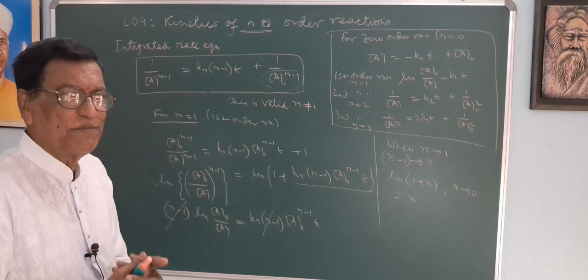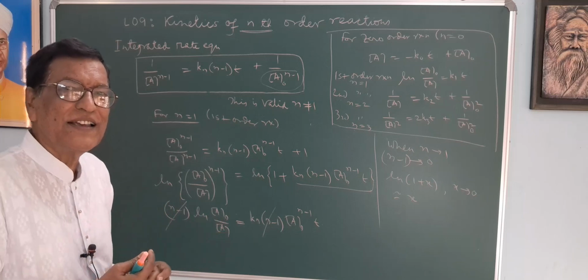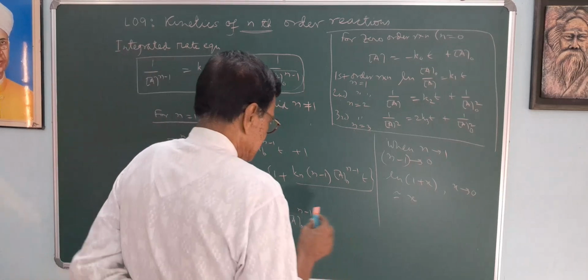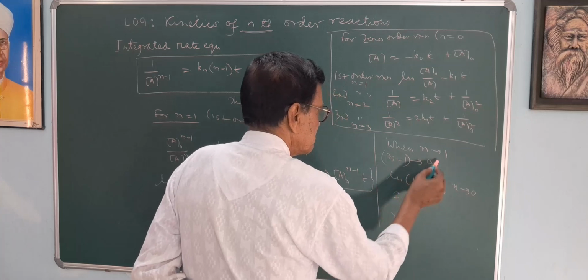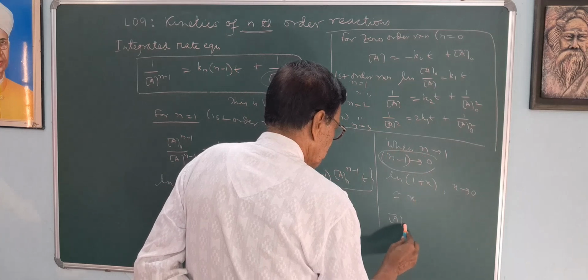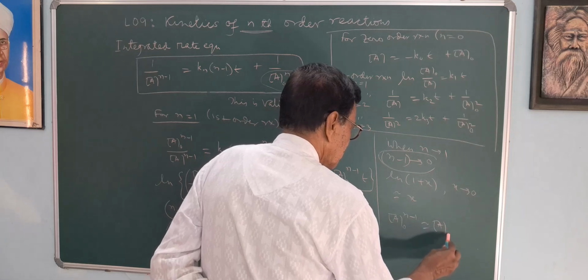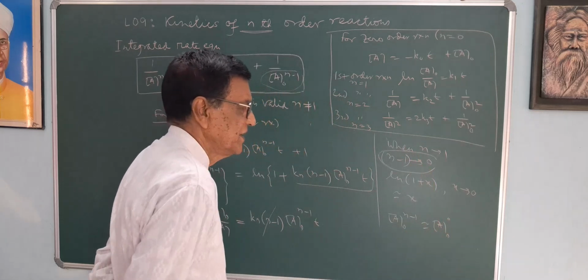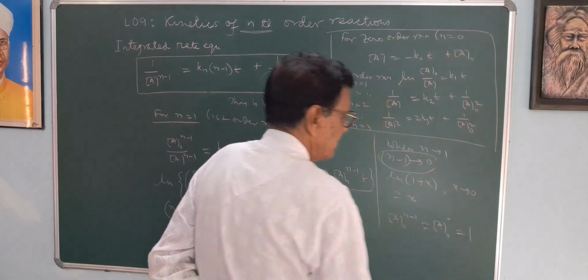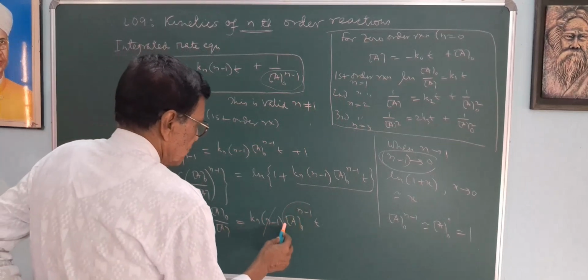So this is the problem which is coming up by putting n equal to 1. This has been worked. And now again, as n minus 1 tends to 0, concentration of A naught to the power n minus 1 tends to concentration of A naught to the power 0. Something to the power 0 equal to 1. So this one also equal to 1.